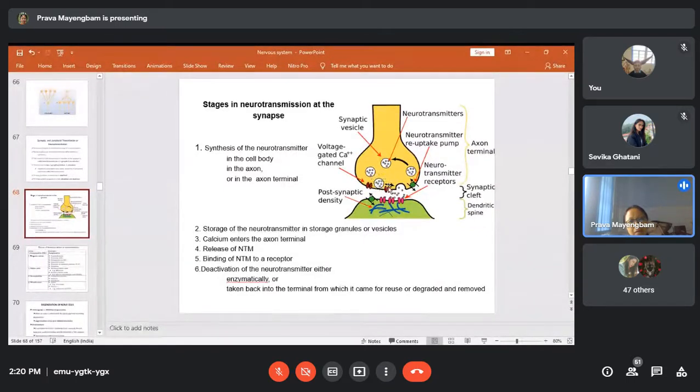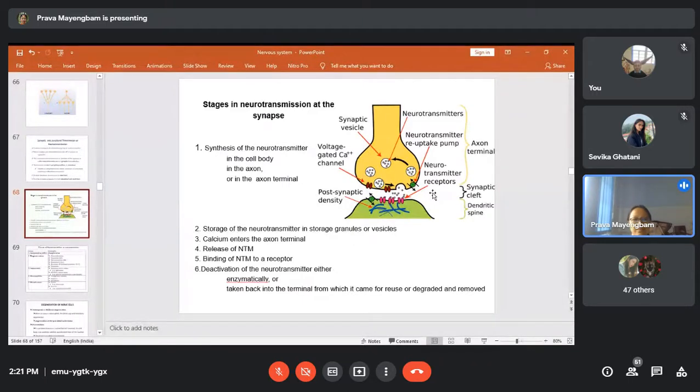Then the membrane of the vesicle will come in close contact with the membrane of this axon terminal, the end button. Then due to this close contact, the membrane of the vesicle will be ruptured. Due to the rupture, along with the membrane of this axon terminal, there will be release of neurotransmitters to the extracellular space.